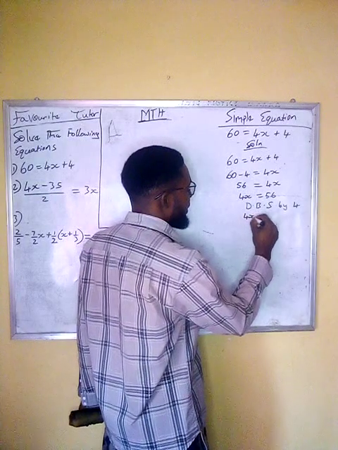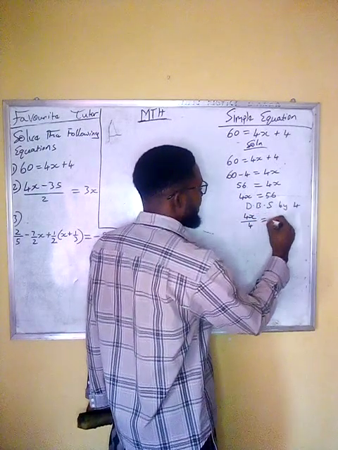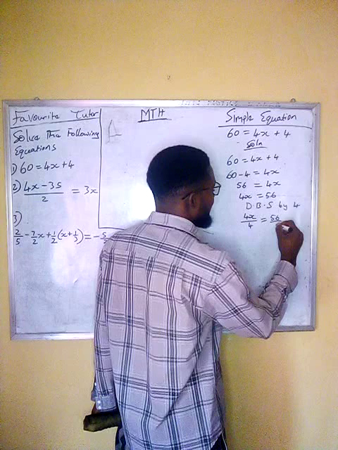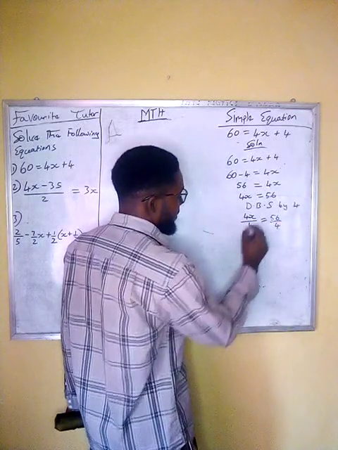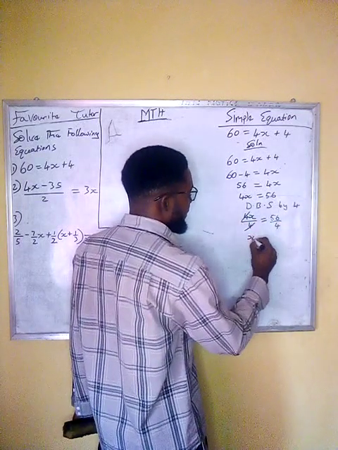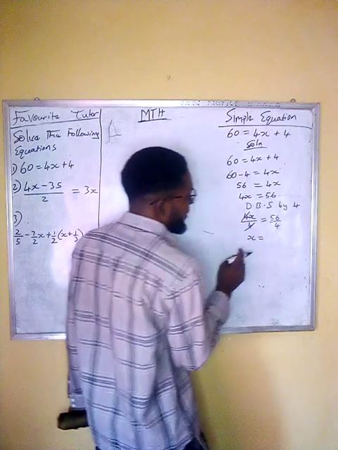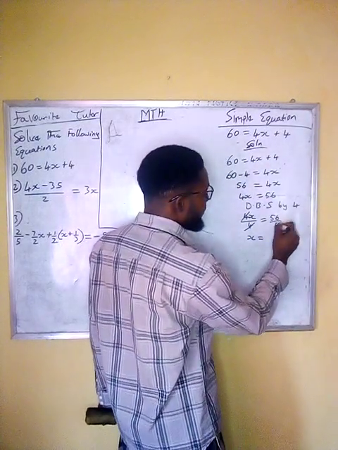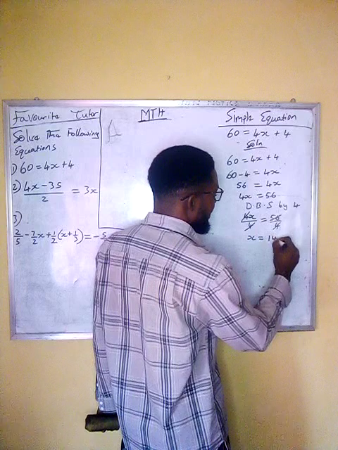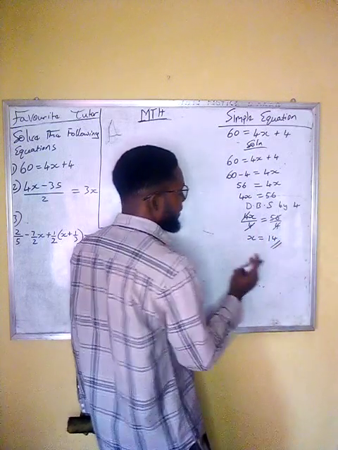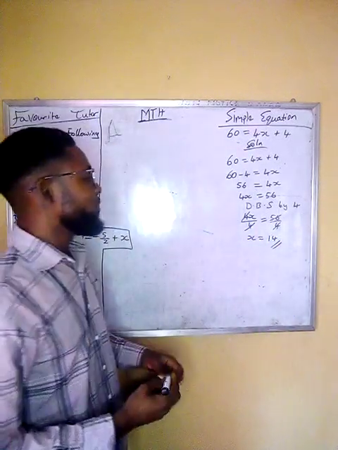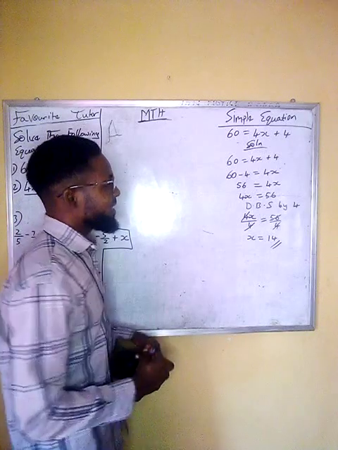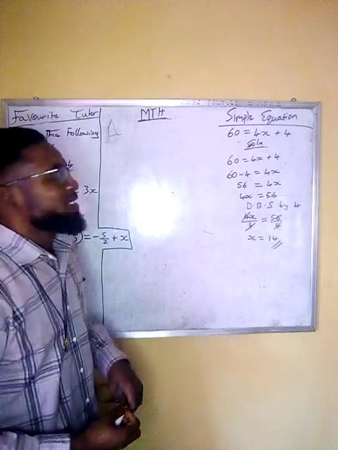So this is 4x all over 4 equals 56 all over 4. 4 cancels out 4. So therefore, this is x equals 56 divided by 4, which is 14. So x is equal to 14. So this is our answer to the question.